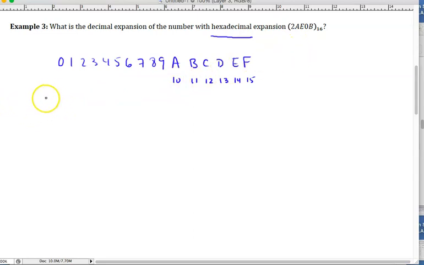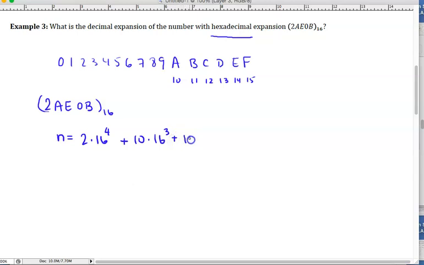All right, so let's look at 2AE0B. This is base 16, and we want to expand this. So 2 is a coefficient that multiplies 16 to the, let's see, 1, 2, 3, 4, 5 digits, so the first power is 4. Then we have A, which is 10, times 16 to the 3.